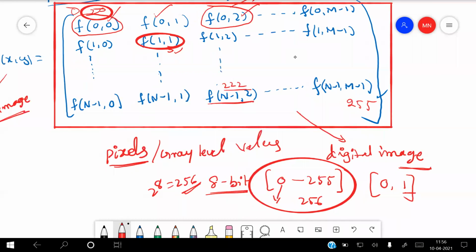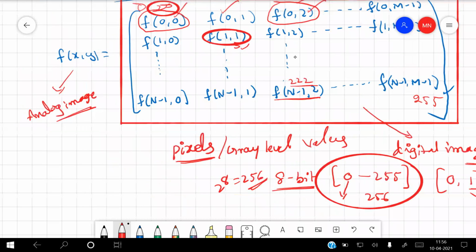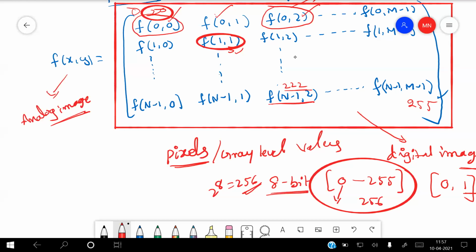A continuous image f of x comma y, approximated by equally spaced samples arranged in the form of an N into M array, is called a digital image, where each and every element of the array is a discrete quantity. That discrete quantity is called a pixel.